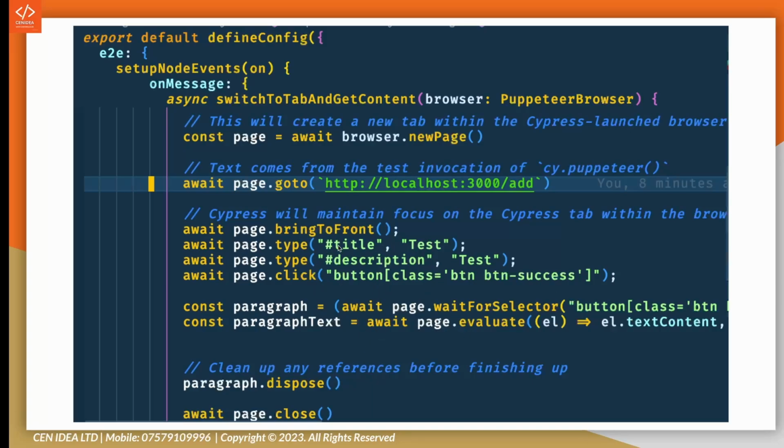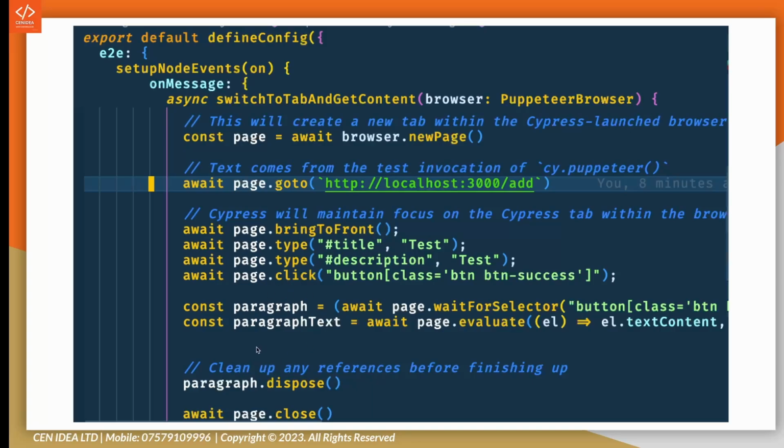On this locator it will type in this, on this locator it will type in this, and on this locator it will simply click. What is this function, bringToFront? What it does is simply to focus the web page so that Puppeteer can then interact with it.